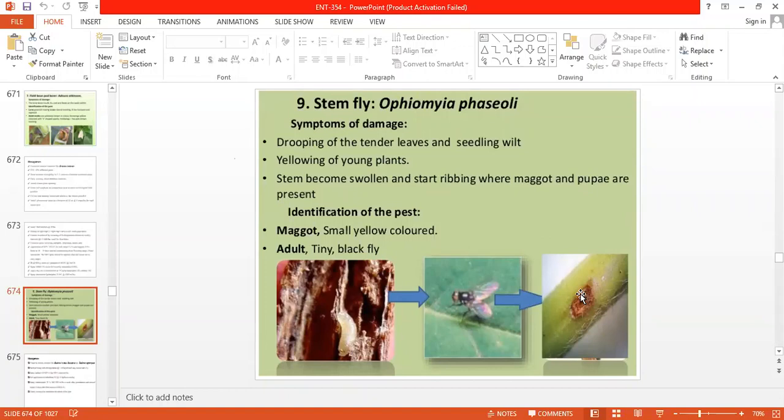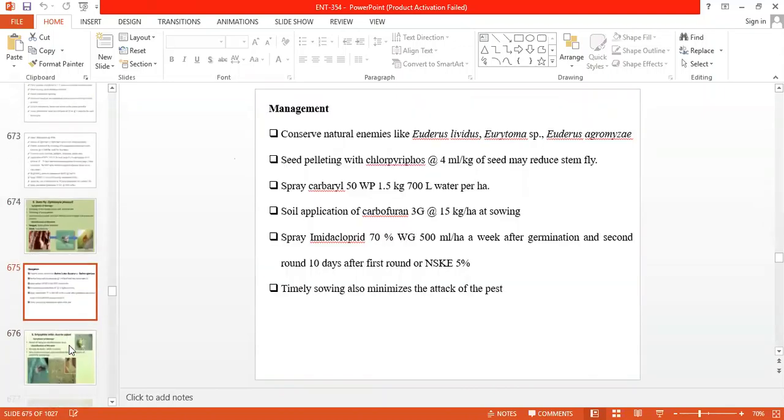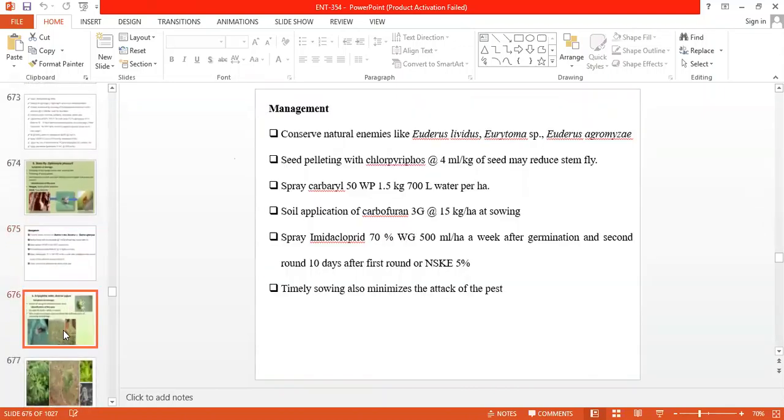The stem of young plants turns yellowish, becomes swollen and starts splitting. Here maggots and pupae are present. The maggot is small and yellow colored, and the adult is tiny and blackish in color. Management practices are the same as for the tur pod fly.